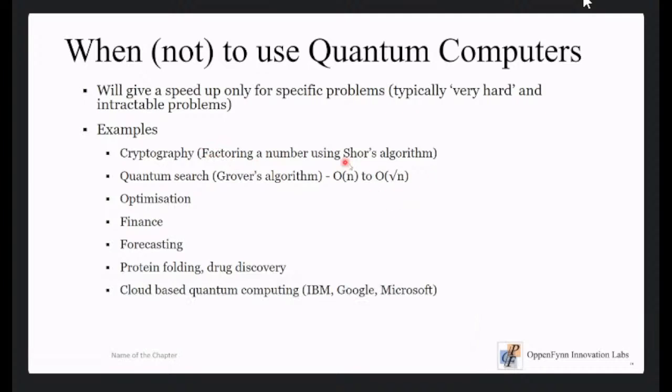There are algorithms, an example is Shor's algorithm, that can solve this problem much faster using a quantum computer. That's one of the reasons for the hype that if you have a quantum computer, you'll be able to break cryptography. These are problems that are very good to solve using a quantum computer, and we are lucky that there are problems which are hard to solve classically but well suited to a quantum computer.